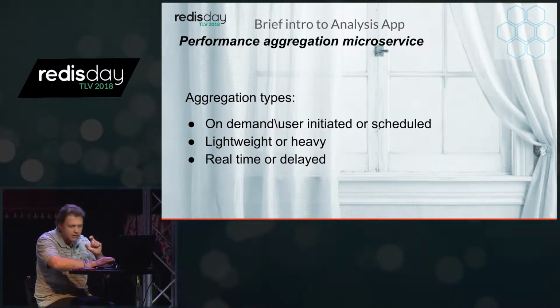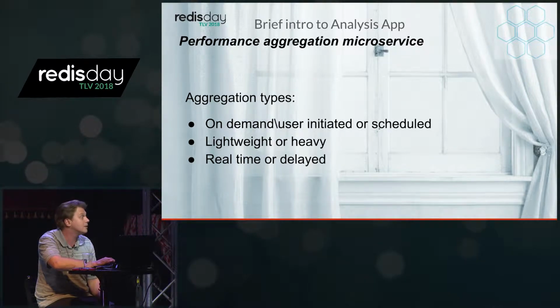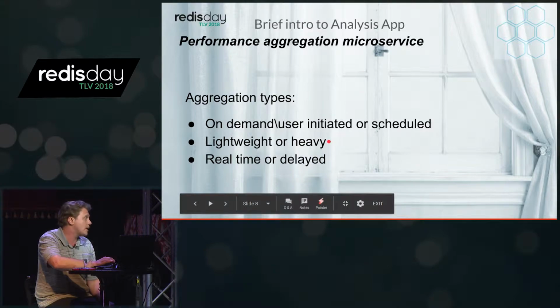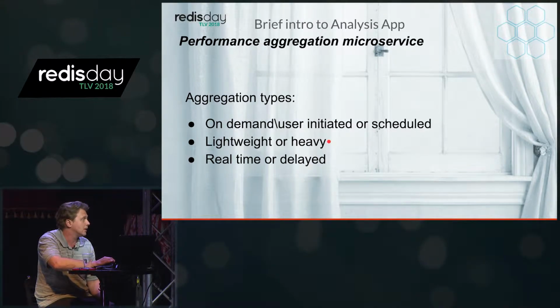So we have some hours that we can schedule the aggregation, and we can actually perform the calculation. So we need immediate, on-demand requests, and we have scheduled requests as well. Now the request may be lightweight or heavy, depending on the amount of data we use, depending on the data range, things like that.